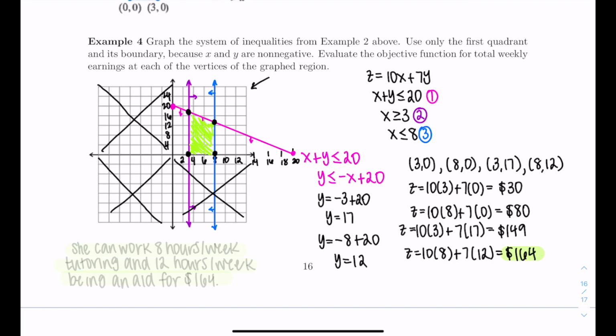And so what this is saying is she can work 8 hours per week on tutoring, and 12 hours a week being an aide, for $164.